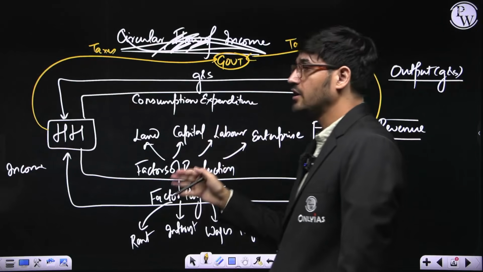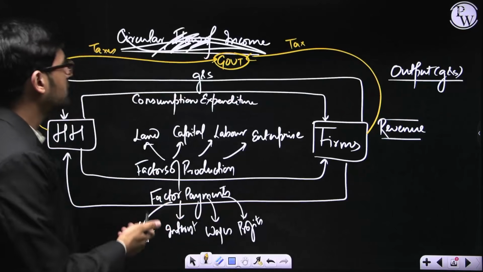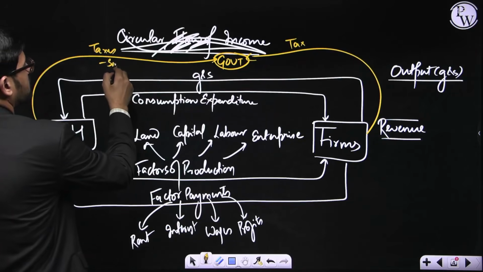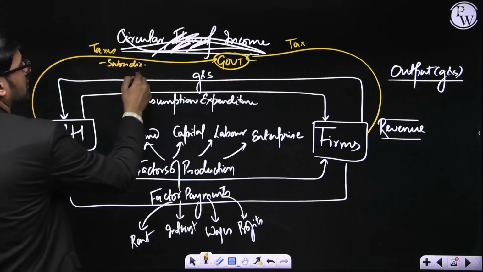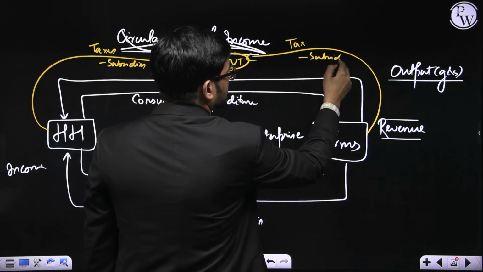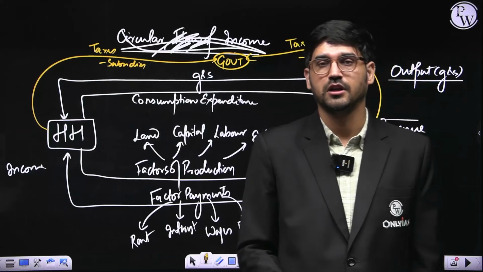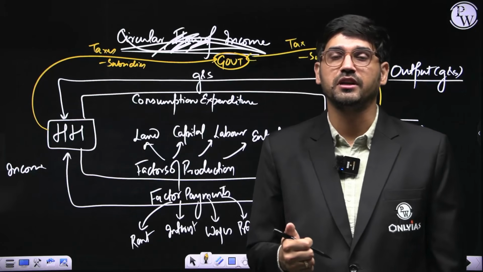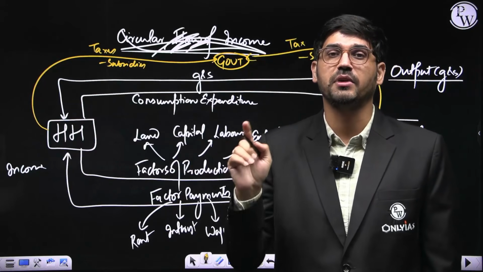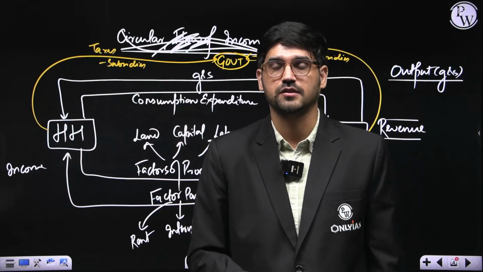In addition to asking for taxes from the people and from the firms, the government sometimes also gives subsidies, not just to people, but also to the firms. If you have heard of something called an LPG subsidy, this is part of the payment that the government pays on behalf of people who should have otherwise been paying a market price.